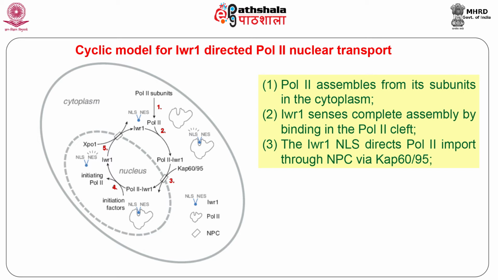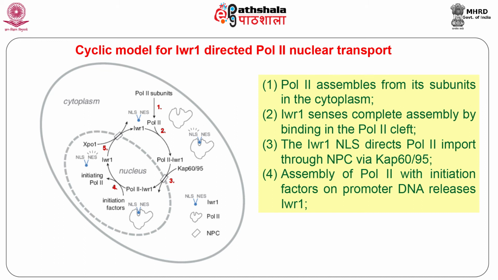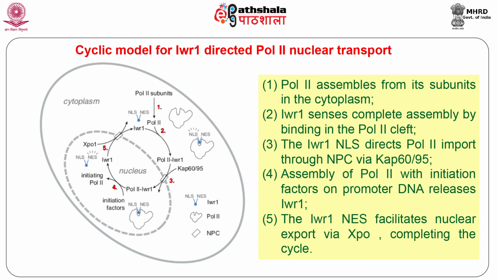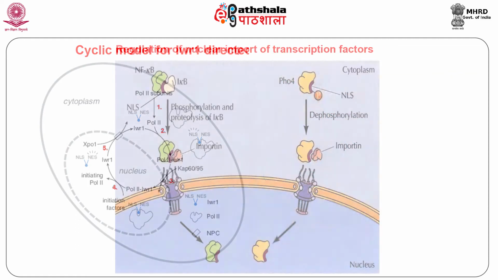Once inside the nucleus, polymerase II associates with transcription initiation factors. This association releases IWR1. Nuclear export signal on IWR1 directs its export to the cytoplasm and completes the cycle. But note that IWR1 function is polymerase II specific and transcription independent.